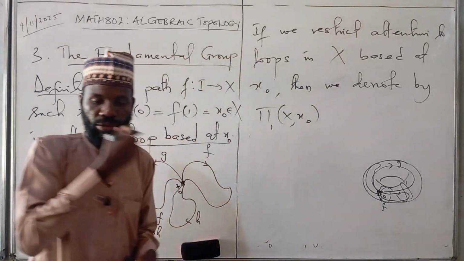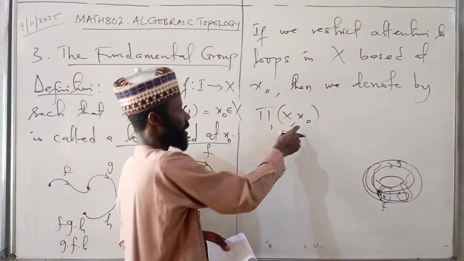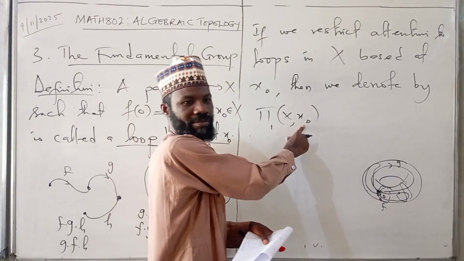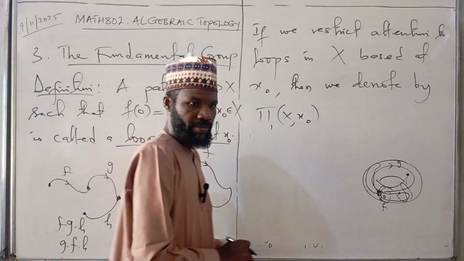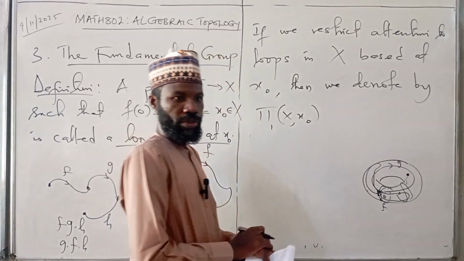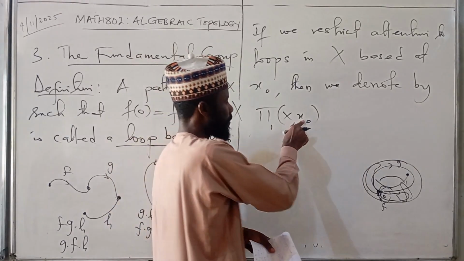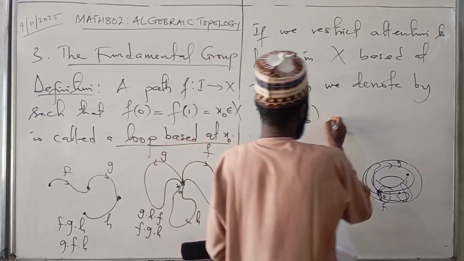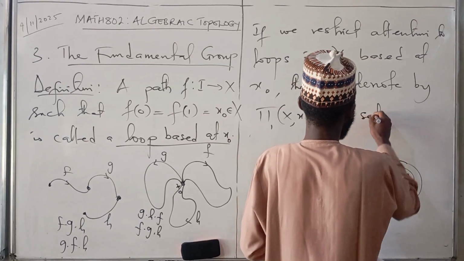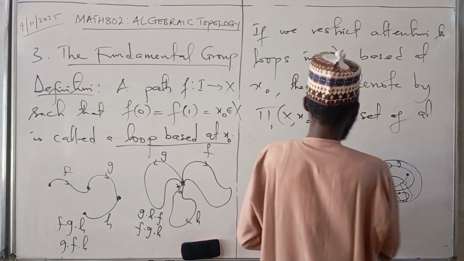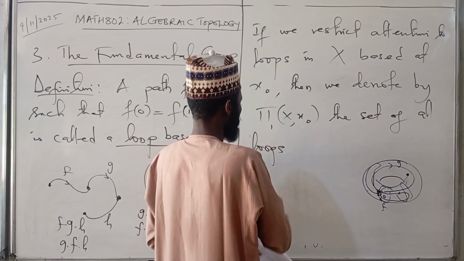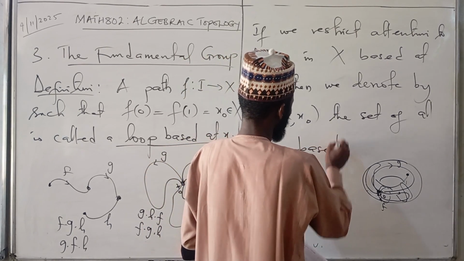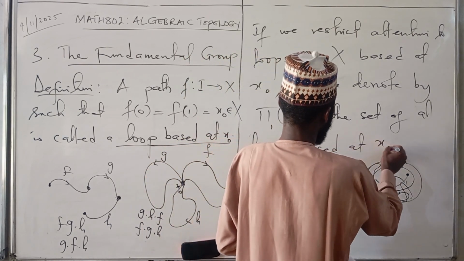So this notation has to mention the space and the base point. Okay, because if I change the base point, it's a different thing. I'm talking about different loops. So the set of all loops based at what? At x naught.